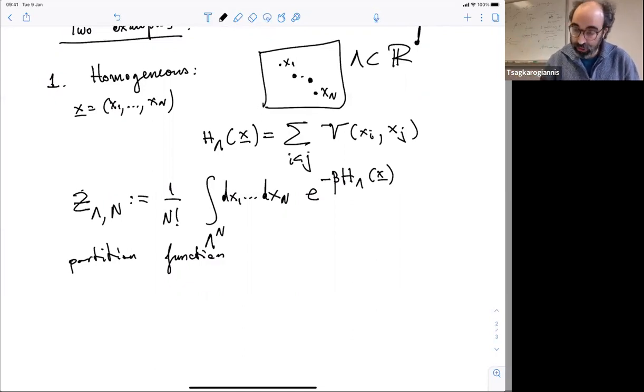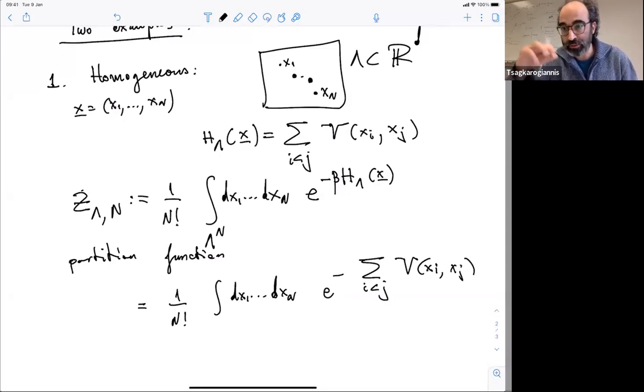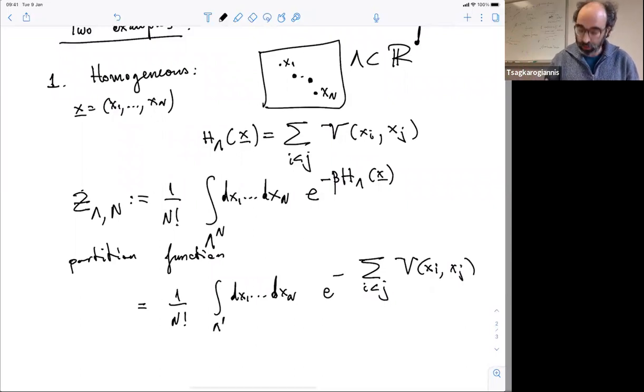Because as you see already, in H_Lambda, if I write e to the minus, there is a sum here, which correlates the particles. And these integrals are not independent, so it's not just a product of integrals. There are ways on how to compute it.